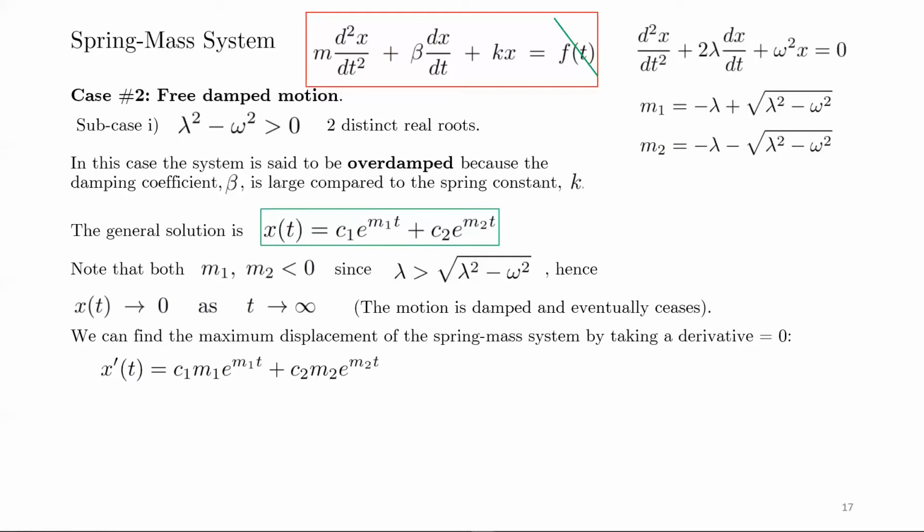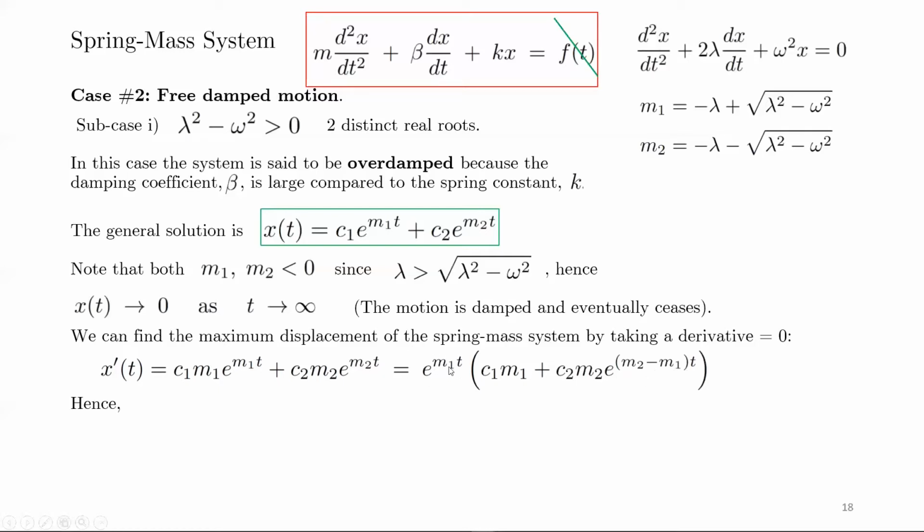So I can simplify this system. I can write this system like so. I can pull out a common factor of e to the m1t. Okay, well that pulls out this term here, so I just get c1 times m1, plus c2 times m2 times exponential of m2 minus m1 times t. So, well, I can pull out that common factor there.